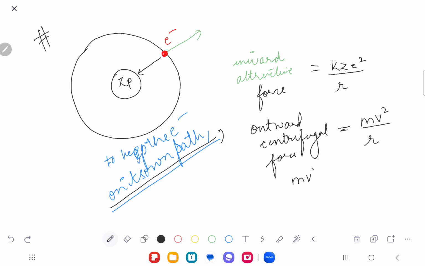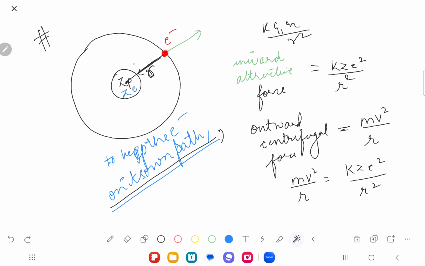So mv square over r would be equal to kze square over r square. Why ze square? Because it is k q1 q2 over r square. So the distance between them is r. You understand?